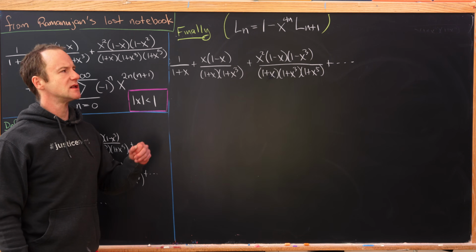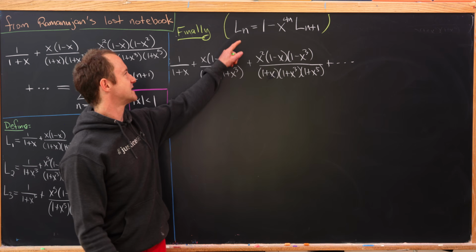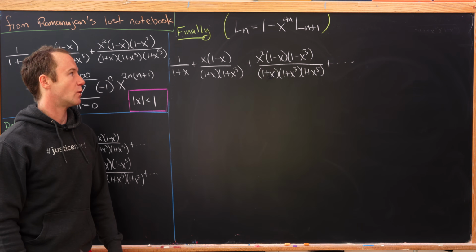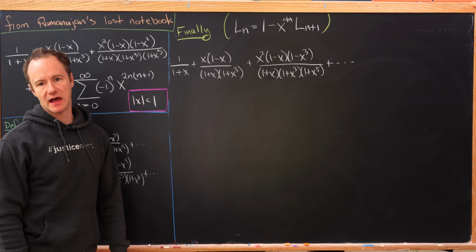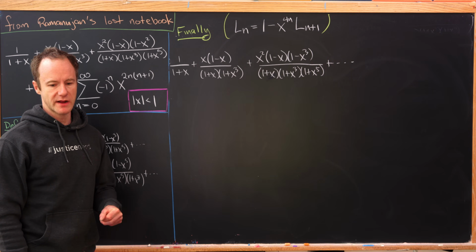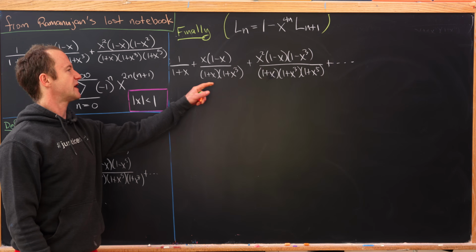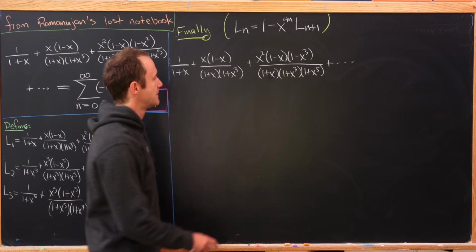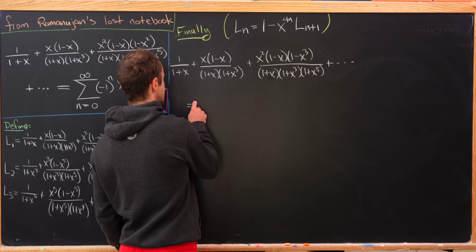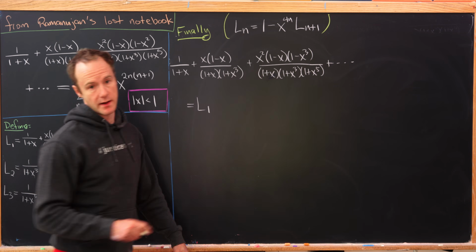Okay, fixing a tiny typo on the last board, this Ln should decompose as 1 minus x to the 4n, not x to the 4, times Ln plus 1. And now we're ready to take it home. So here I've got this left-hand side of our proposed identity written up, but let's recall that that was equal to L1.